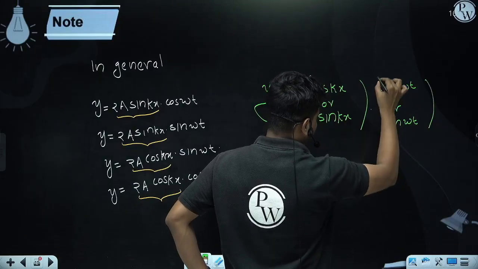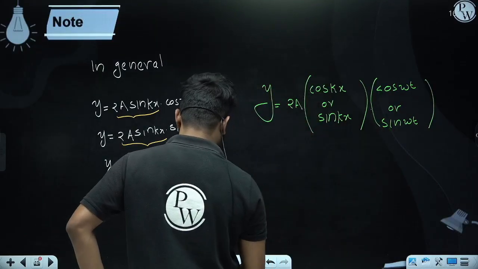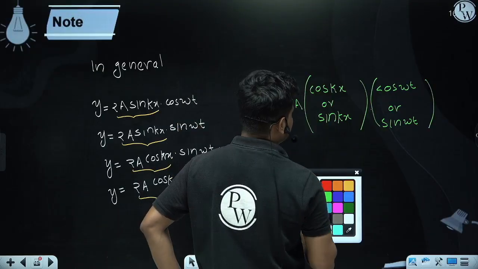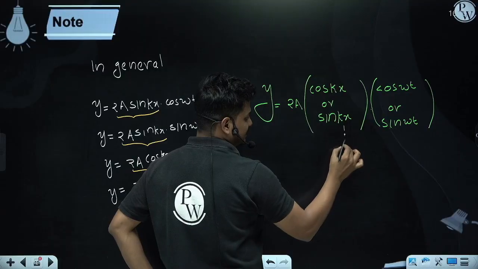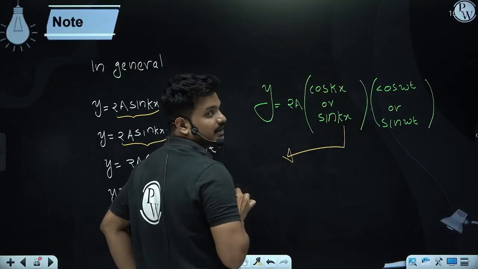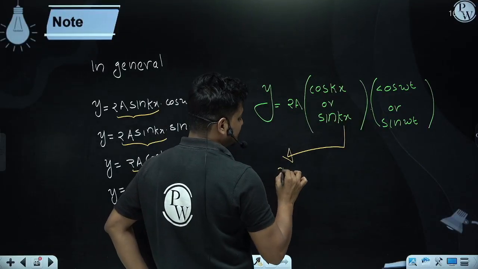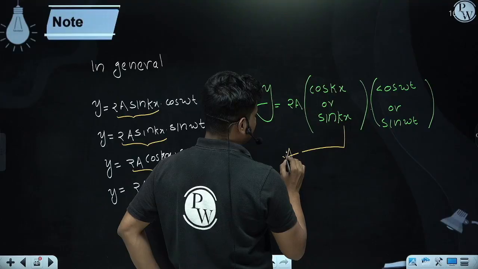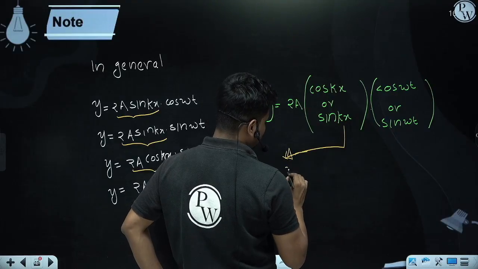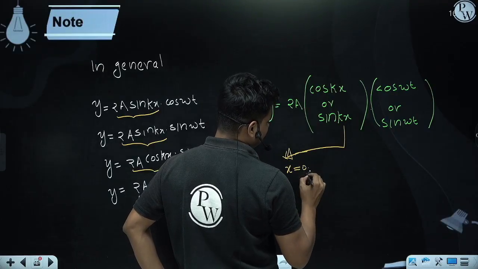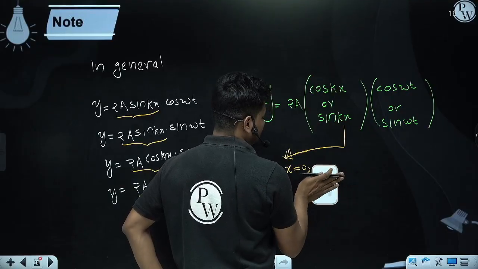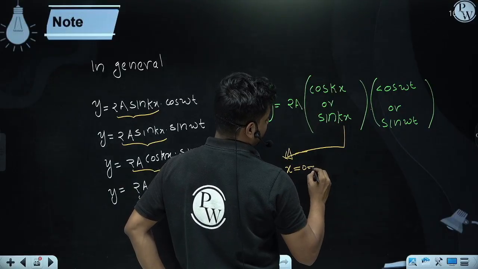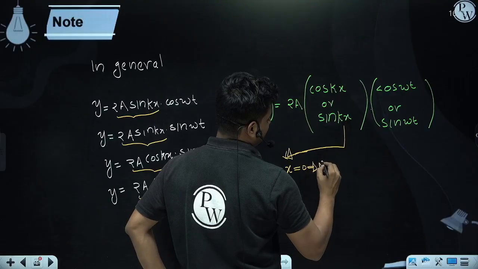In here, if sin kx comes, then x equal to 0 is the nodal point.